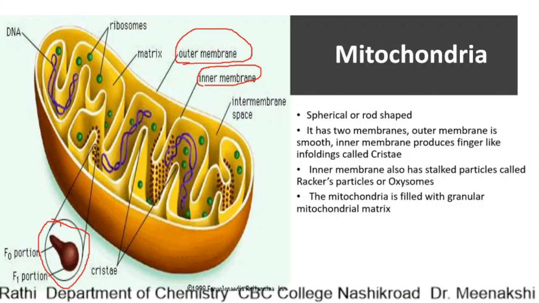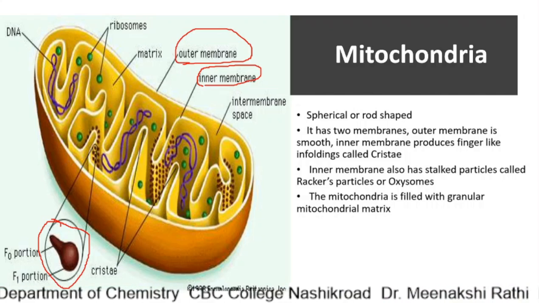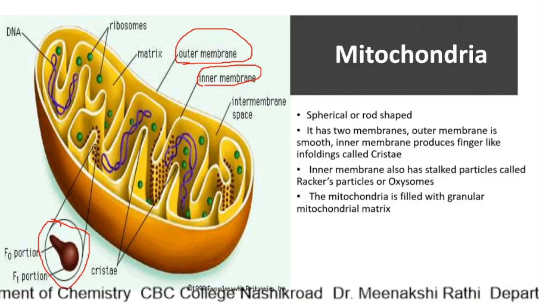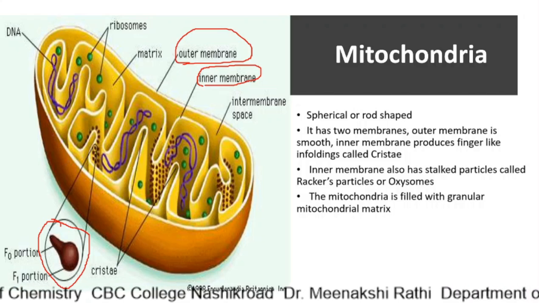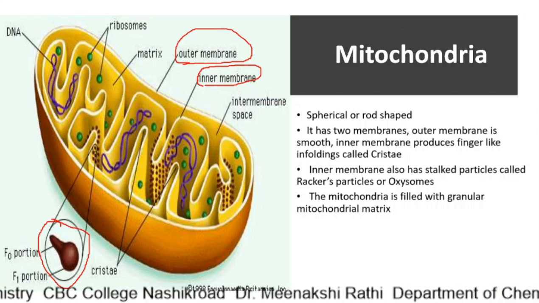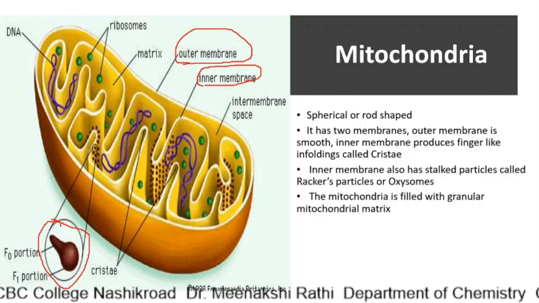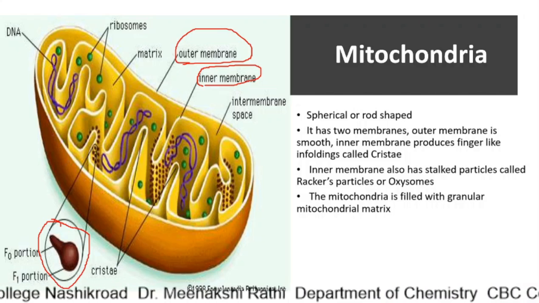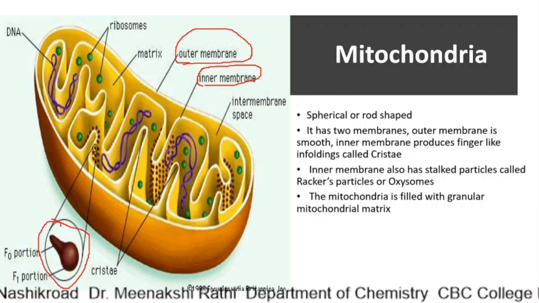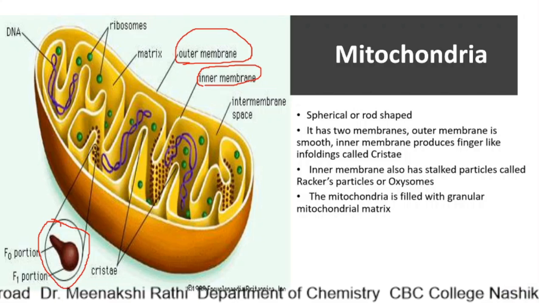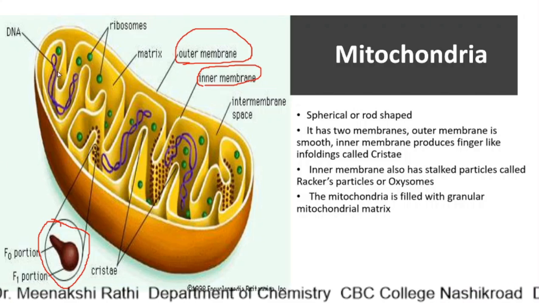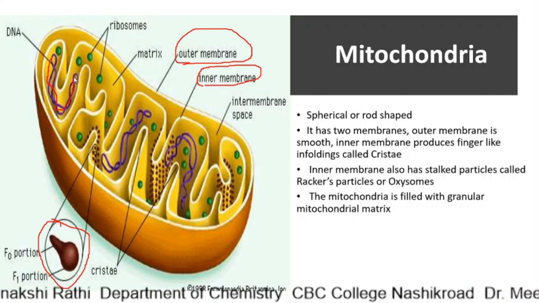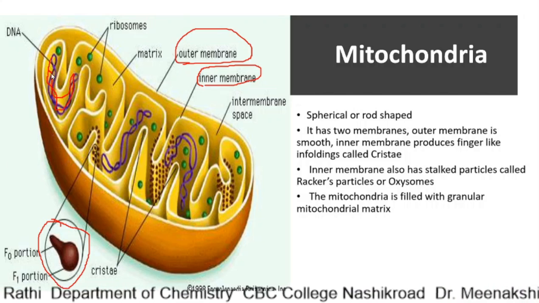The space between cristae in the inner chamber is filled with mitochondrial matrix. Each mitochondrion has several copies of circular DNA molecule. You can see here circular DNA molecules are there.